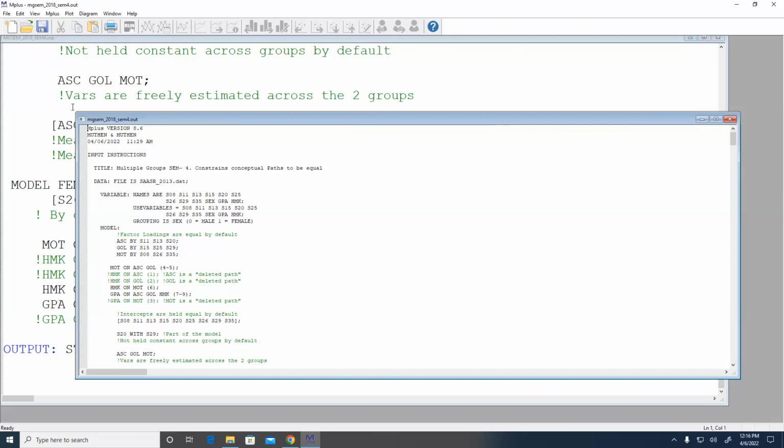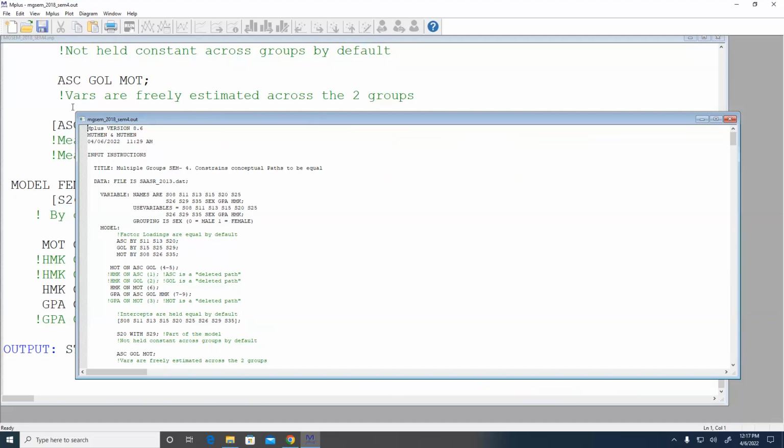But now the other question is, is it a worse model than the one where none of them were constrained? So I can compare the chi-square with the 98 degrees of freedom to our unconstrained chi-square, and making these constraints doesn't significantly worsen the model.